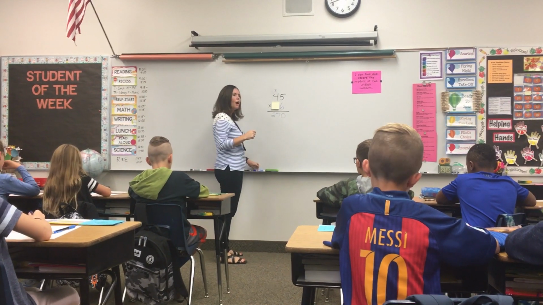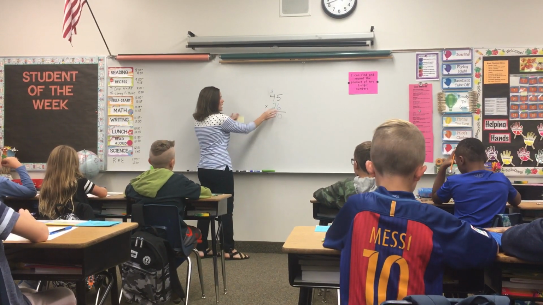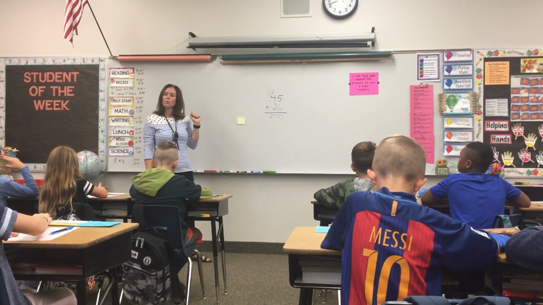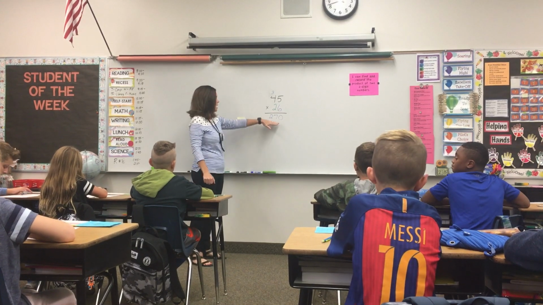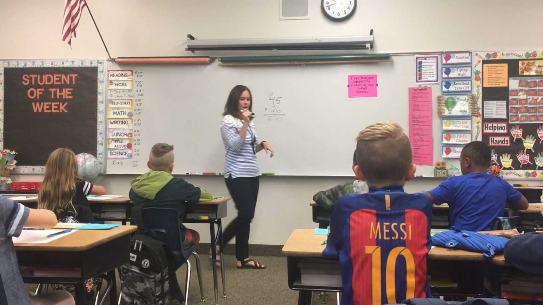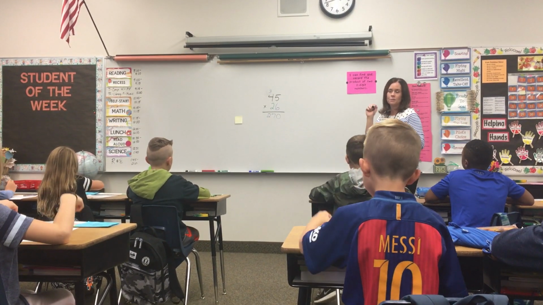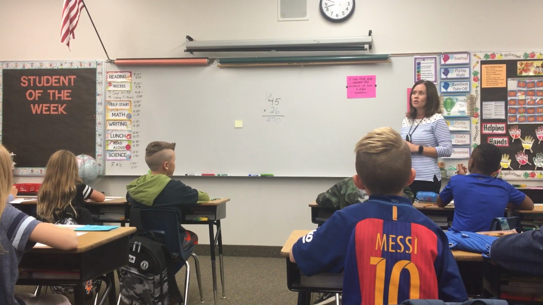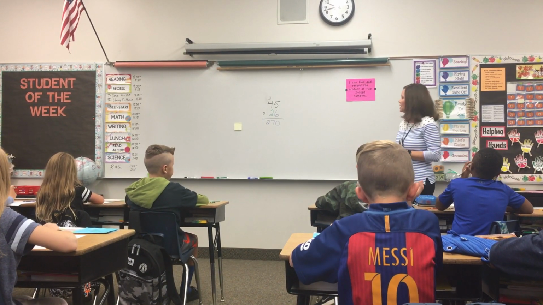All right, now we want to do the problem 45 times 20. But because it's in the tens spot, we need to make sure that we have a placeholder in this problem. So we're going to take our black crayon, and every year I call this black crayon the Black Death, because if you don't remember this 0, your whole problem will be incorrect every single time.